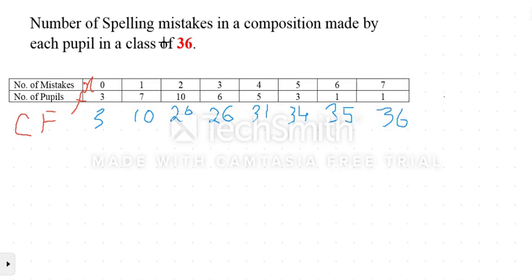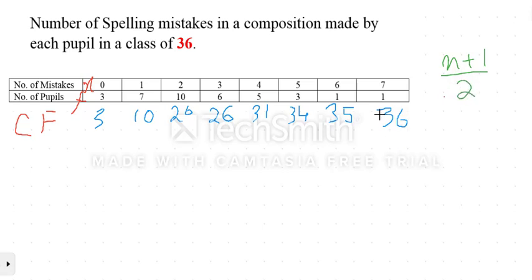Look here, this is also 36 here. So they are the same. To find the median of number of mistakes, first we have to find the position where the median could be. So we have the formula, n plus 1 divided by 2.